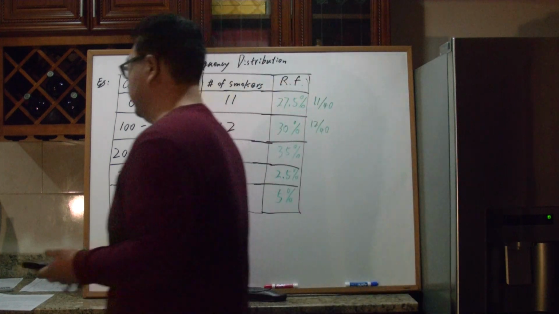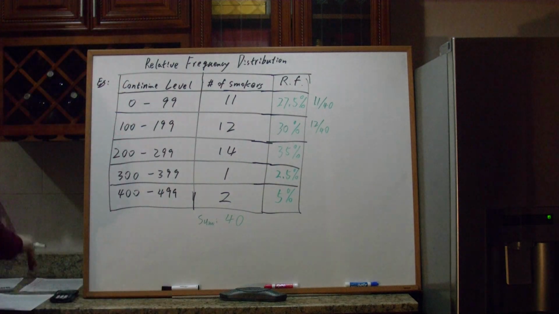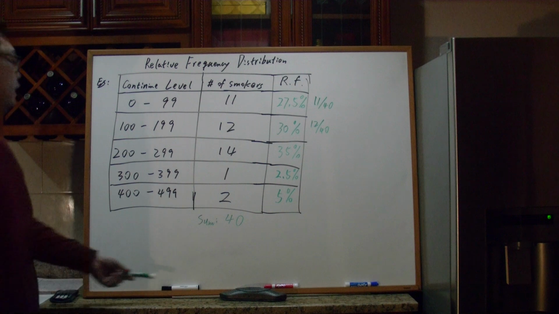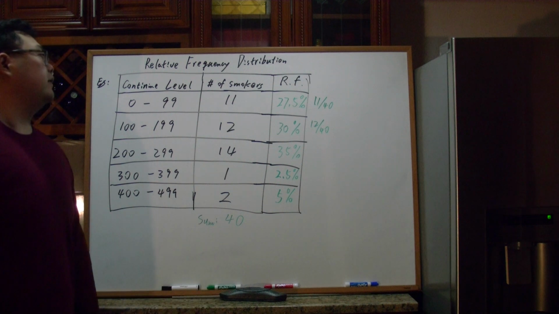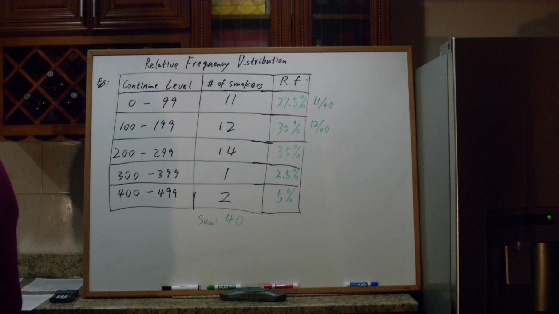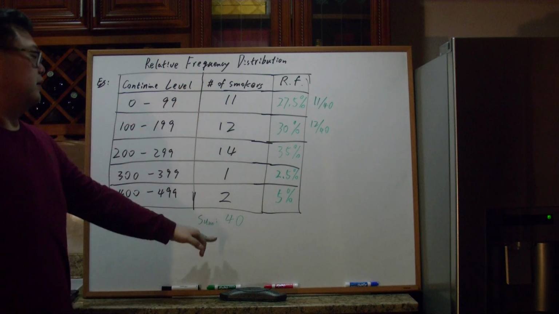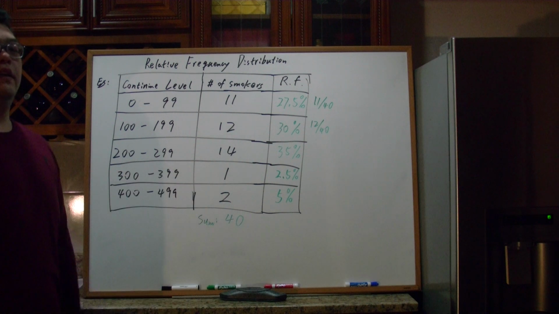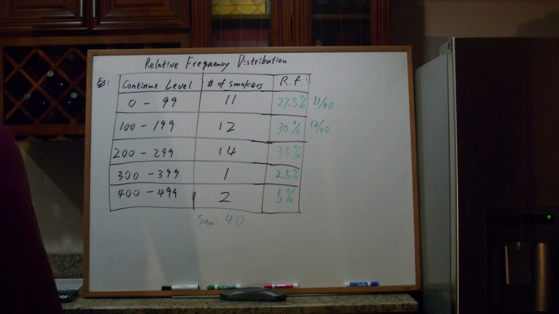So we divide and multiply by 100, converting the fraction into a percentage. Relative frequency is basically just the percentage. We convert each frequency to the total as a percent, and that is the relative frequency.